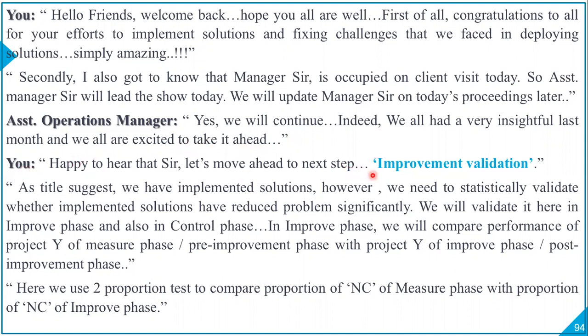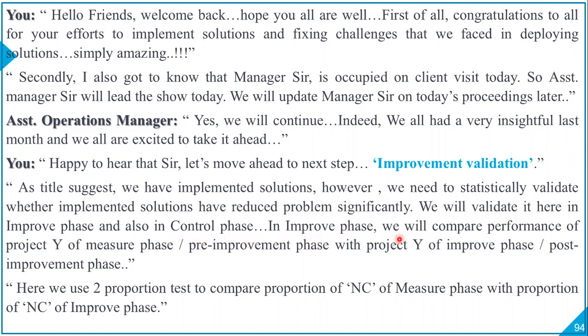Let's move ahead to the next step, improvement validation. As the title suggests, we have implemented solutions. However, we need to statistically validate whether the implemented solutions have reduced problems significantly. We will validate it here in the improve phase and also in the control phase.